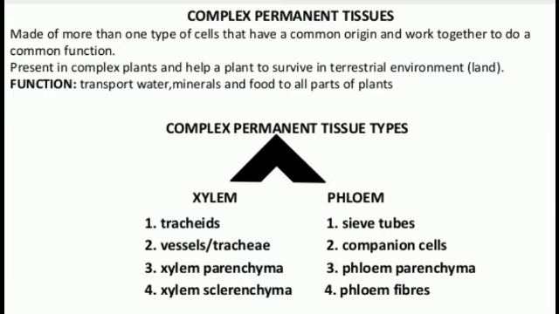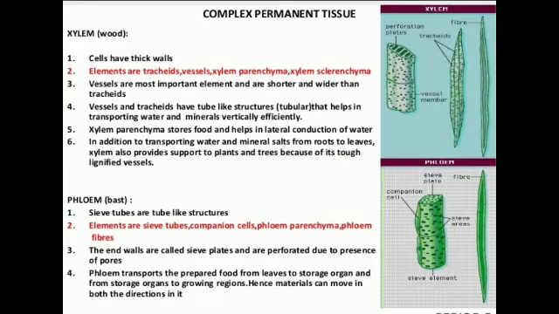Now, what is xylem? See, xylem conducts water and minerals from the roots to different parts of the plant. Clear? It is composed of 4 different types of cells. They are tracheids, vessels, xylem parenchyma and xylem fibers.